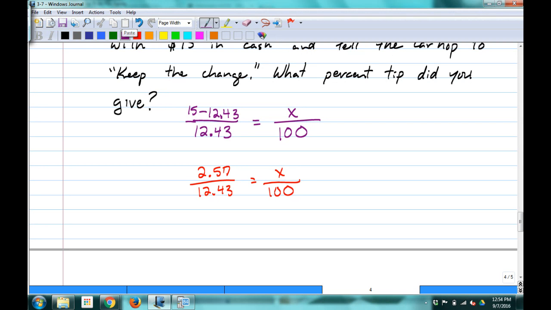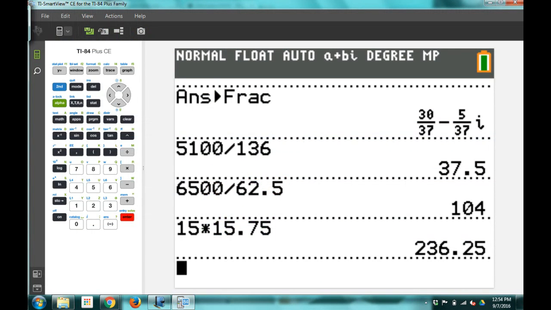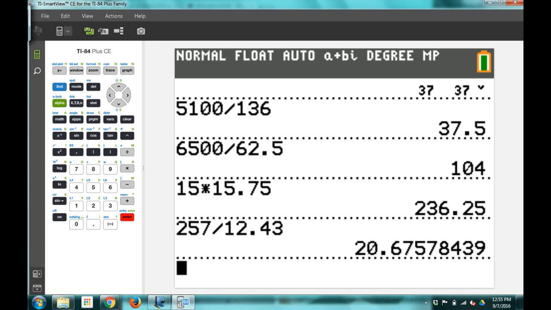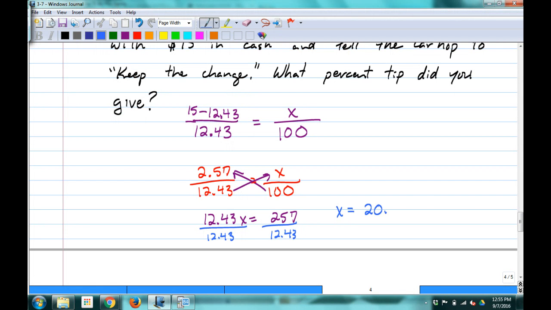We want to know what percent of 12.43 is that amount. 257 divided by 1243, let's go two decimal places, is 20.68% tip.